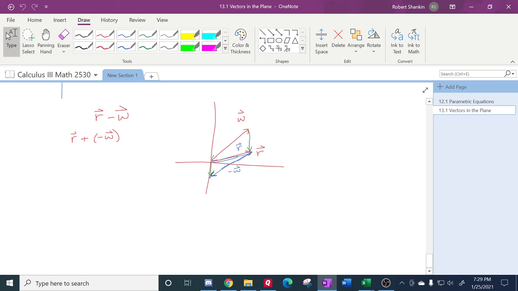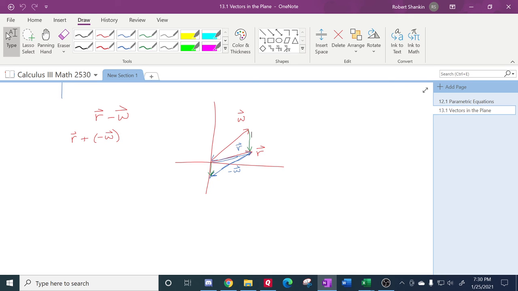Okay, yes, I do. With this most recent example here, you've shown that the value of the vector is the same. The green line is the same in either case, whether we are simply subtracting vector w from vector r, or when we're adding a negative vector w to vector r.